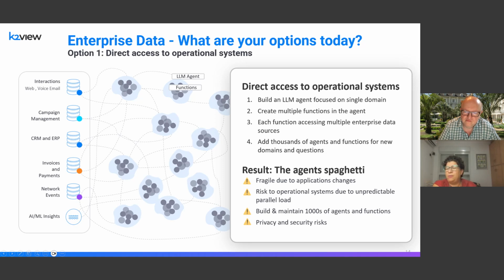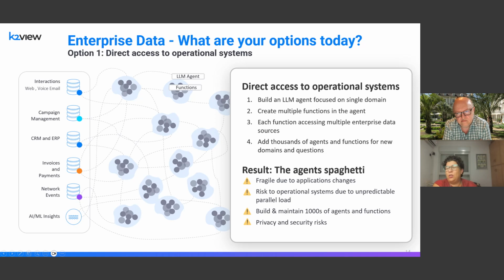Another problem that we see with this scenario is that there is a big risk of putting overload on the operational systems. Think about your Salesforce or your SAP system that Andy mentioned before. Typically, it was used by people from within the organization, so a limited number of people. And now we want to open it up to anyone on the face of the earth to ask questions about data in Salesforce.